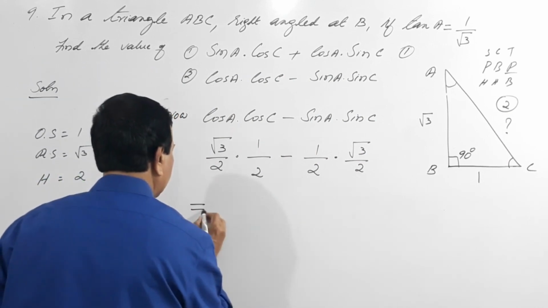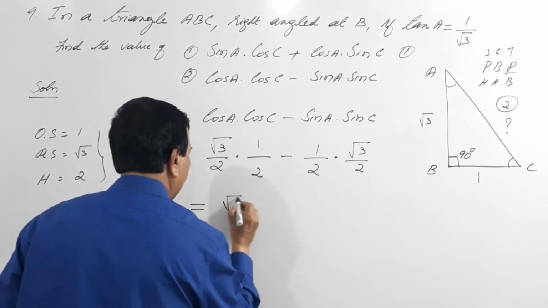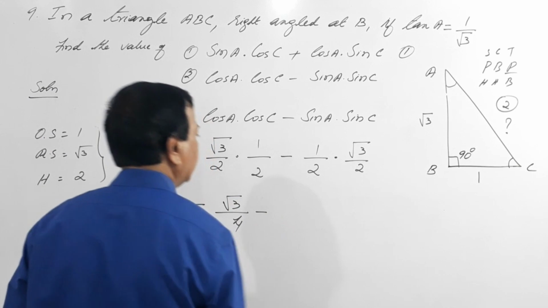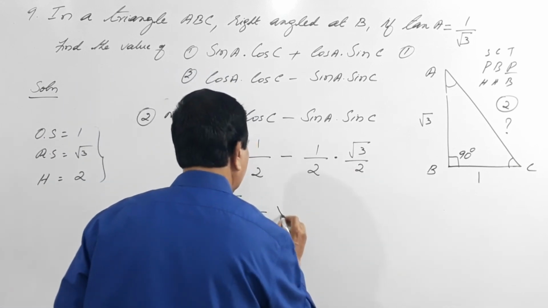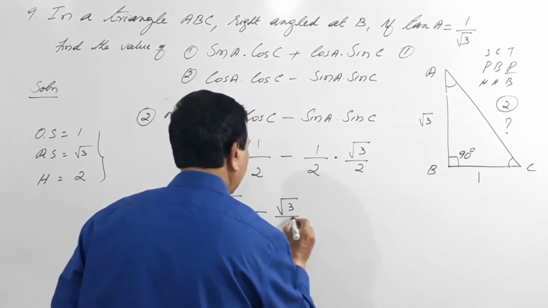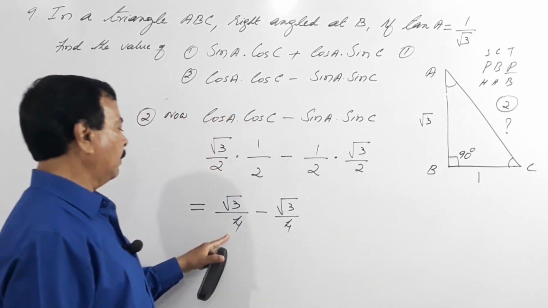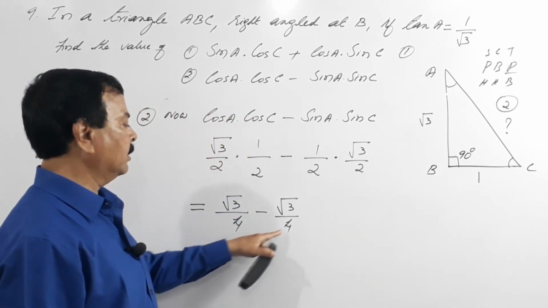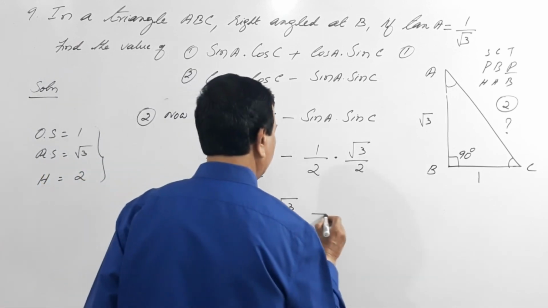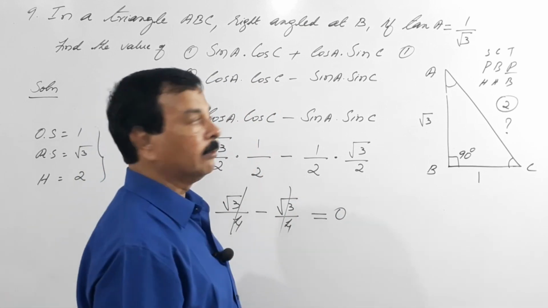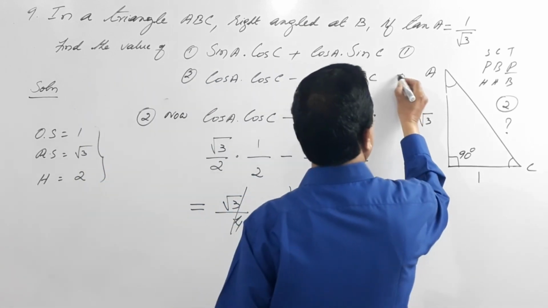So this becomes root 3 by 4, minus, again this is root 3 by 4, done. So root 3 by 4 minus root 3 by 4 is equal to 0, plus and minus, that becomes 0. So this answer becomes 0.